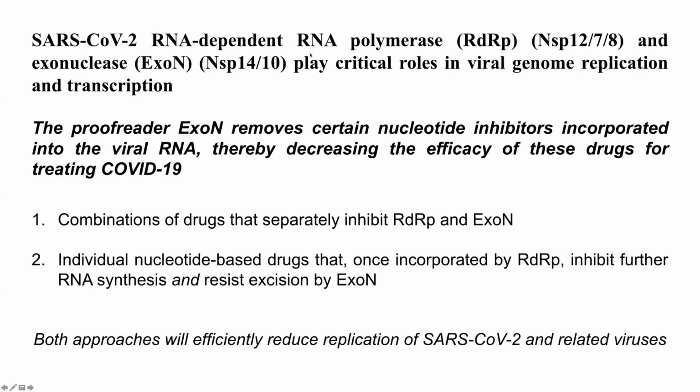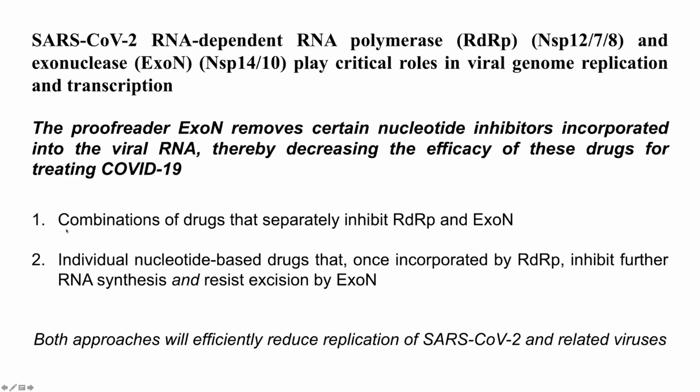SARS-CoV-2 has an RNA-dependent RNA polymerase and also an exonuclease, which are both critical for viral genome replication and transcription. The exonuclease removes certain nucleotide inhibitors incorporated into the viral RNA, therefore decreasing the efficacy of these drugs for treating COVID-19. This poses a challenge for nucleotide analogs to inhibit the coronavirus.